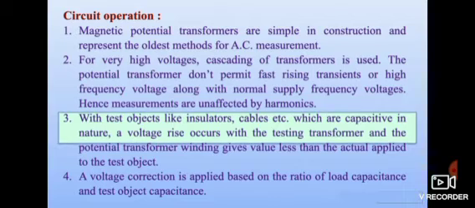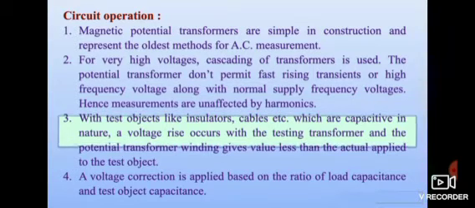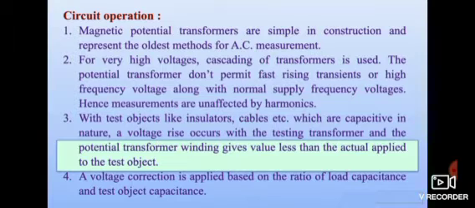We use the potential transformer method with test objects like insulators and cables, which are capacitive in nature, so they are represented by a capacitor symbol. A voltage rise occurs with the testing transformer, and the potential transformer winding gives a value less than the actual voltage applied to the test object.